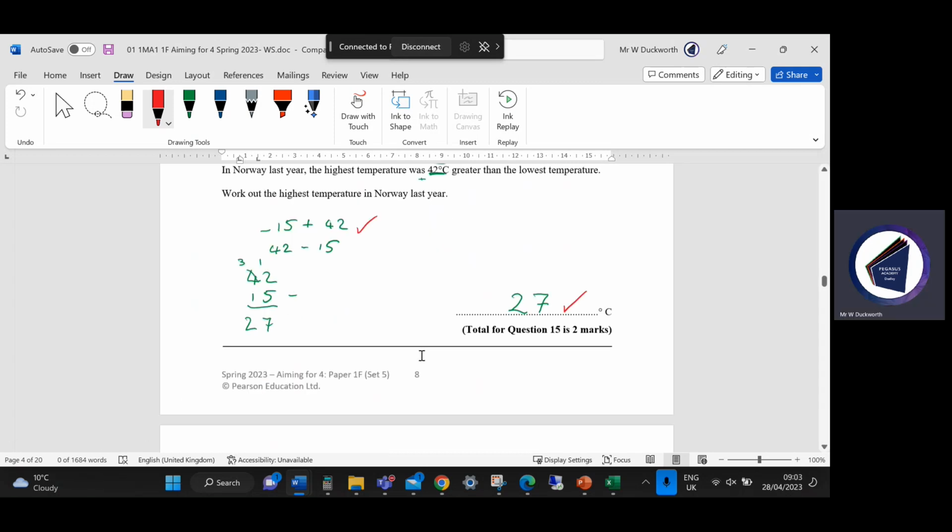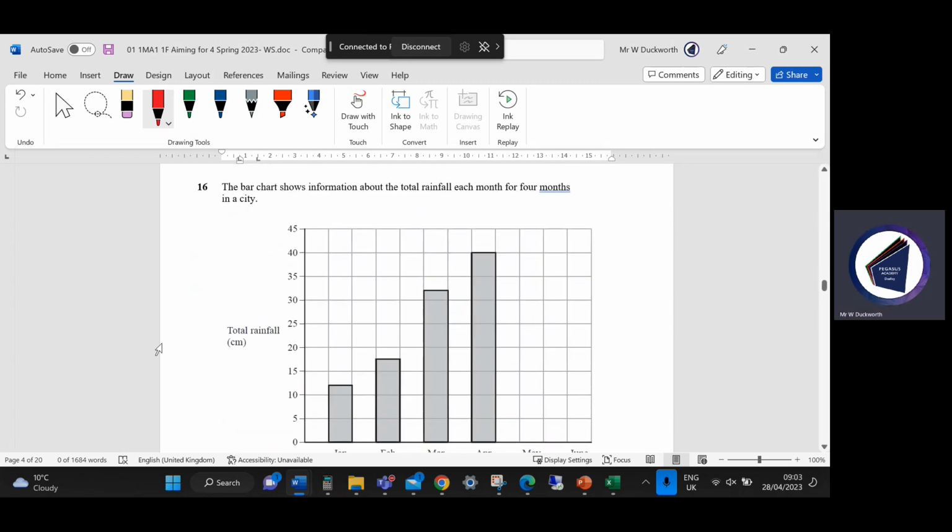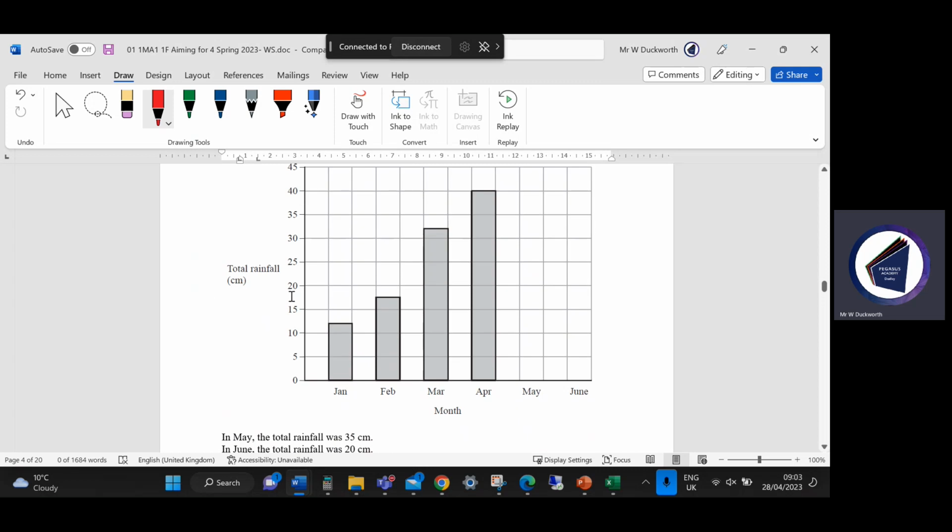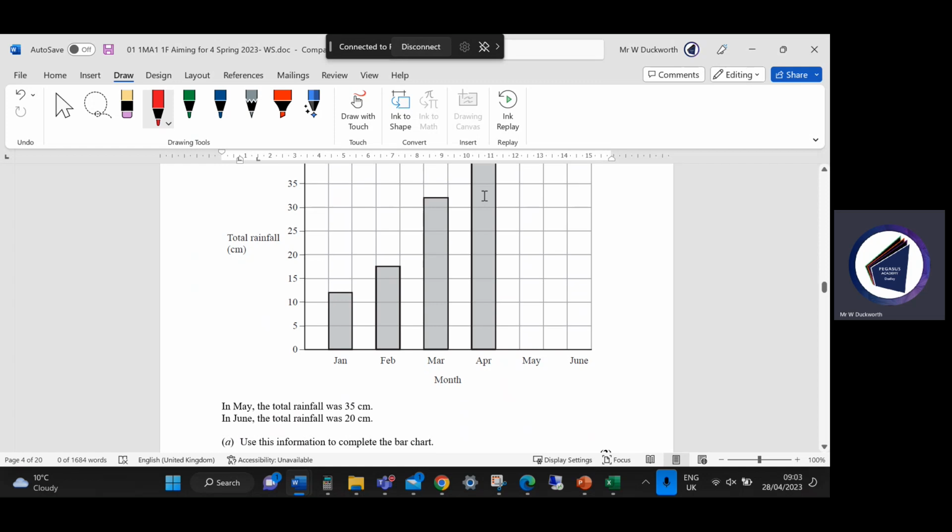Right, question 16 then. The bar chart shows information about the total rainfall each month for 4 months in a city. So total rainfall in centimetres, and we've got months January, February, March, April. In May, the rainfall was 35 centimetres. In June, the rainfall was 20 centimetres. Use this information to complete the bar chart.